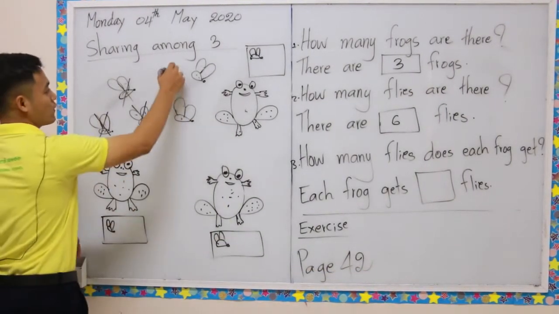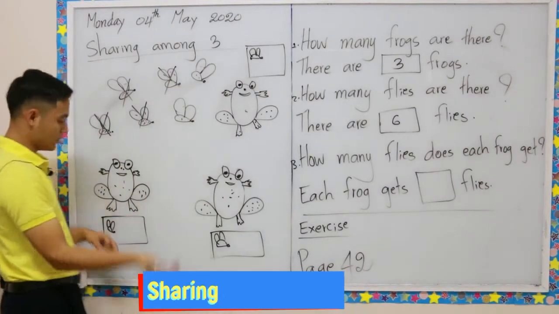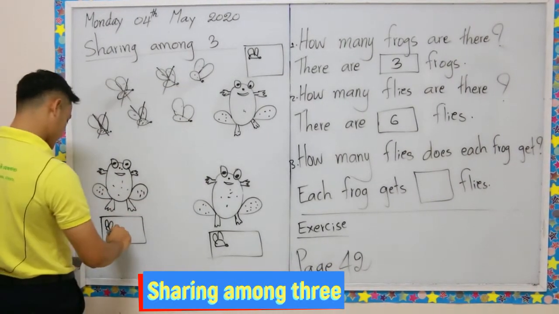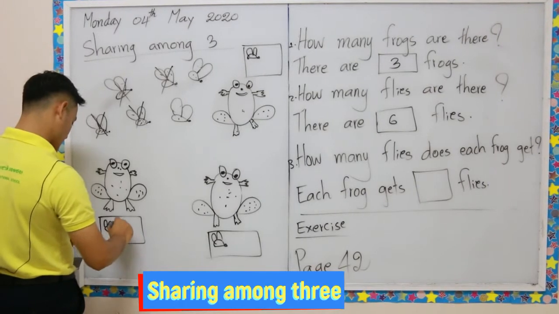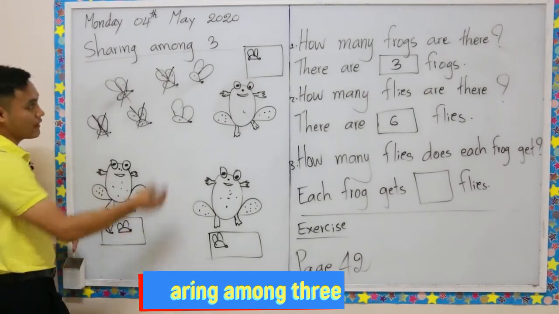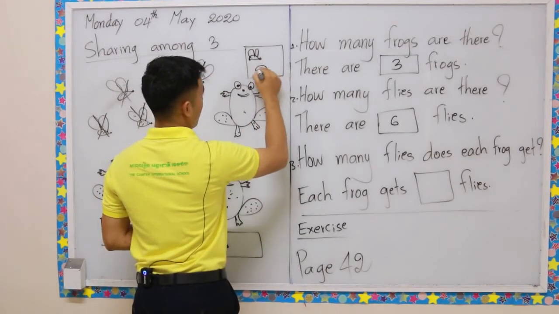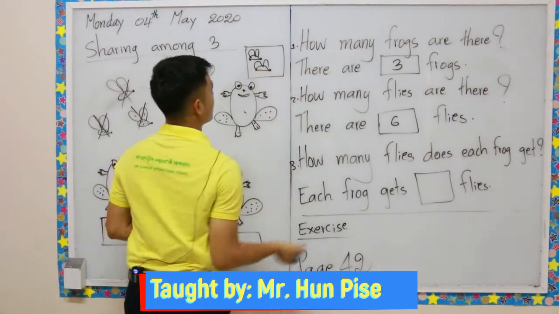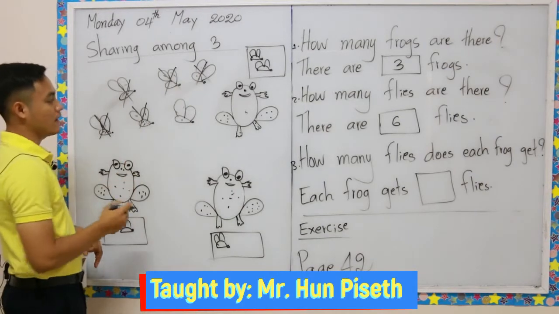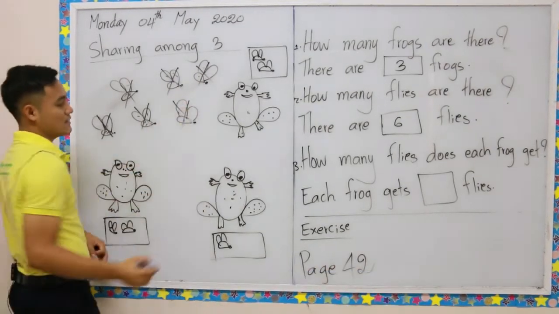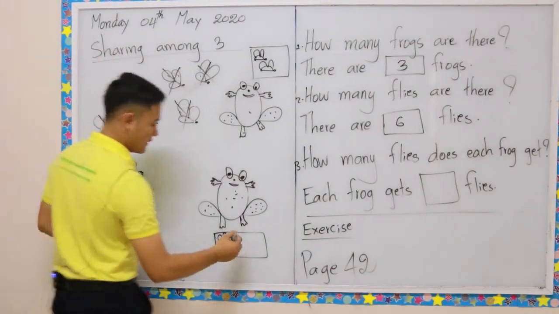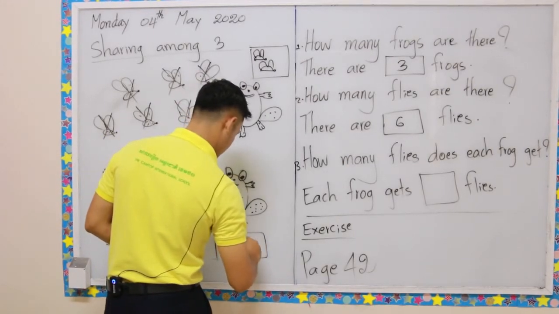Then we start again with the first box and put one there. We do the same for the box of the second frog. And this one is the last one. After crossing it out, you put it in the third box as well.